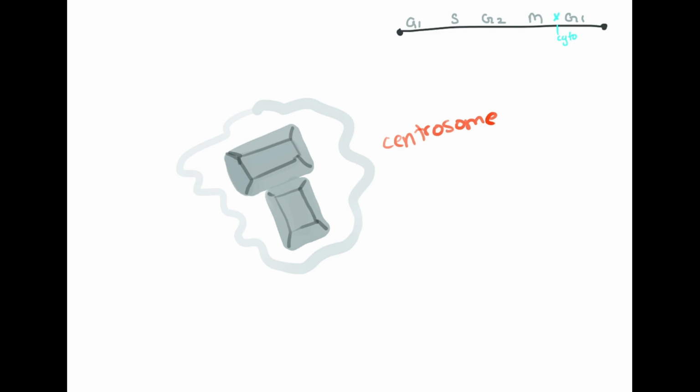A centrosome consists of centriole number 1 and centriole number 2, associated at a 90-degree angle, and held together with the help of a bond.